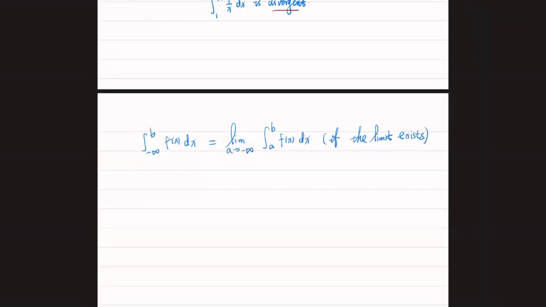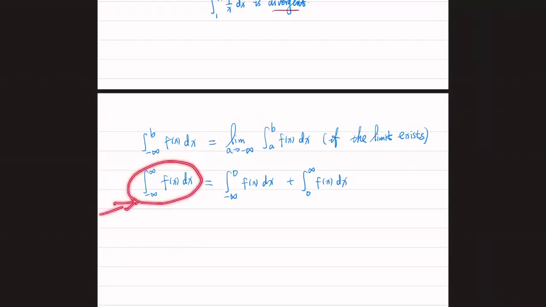A tricky one is the two sides. This can be defined as one side stop at 0 and restart at 0. So this new improper integral is defined as the addition of the two, if both exist.